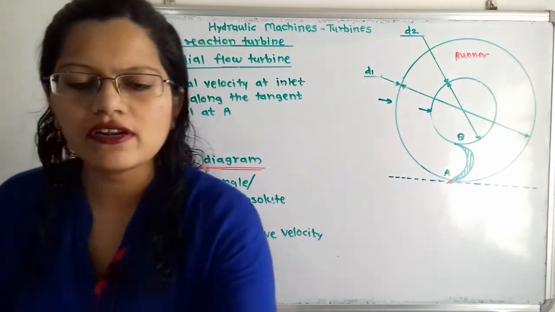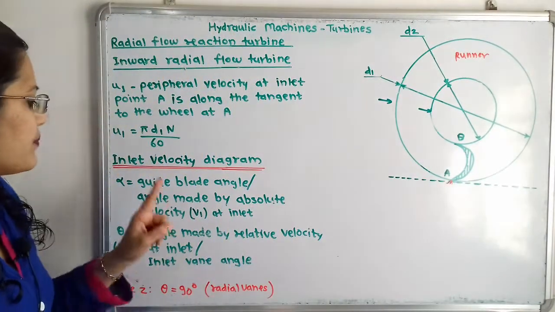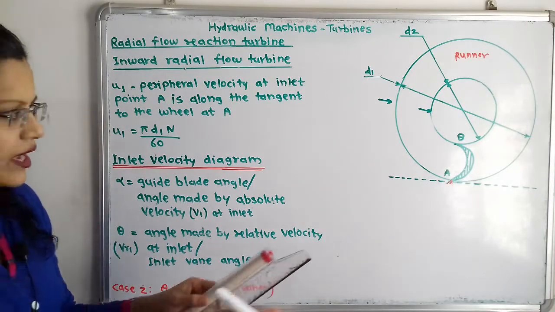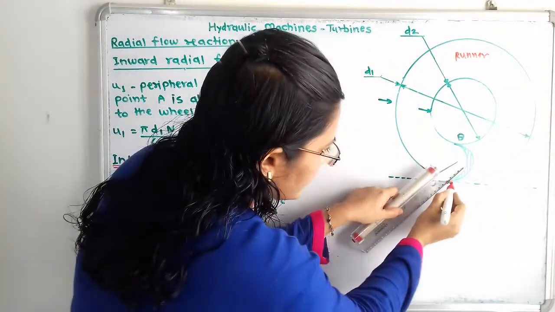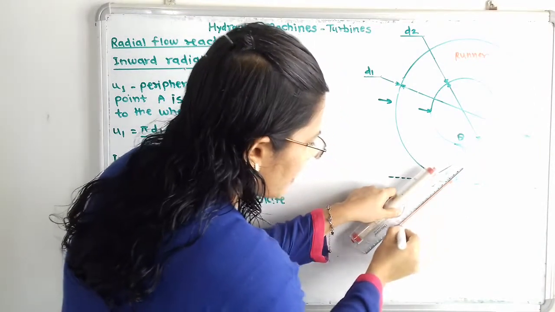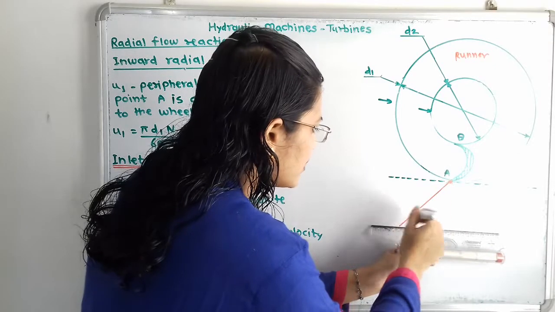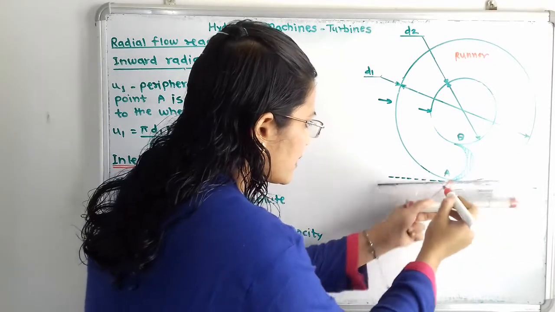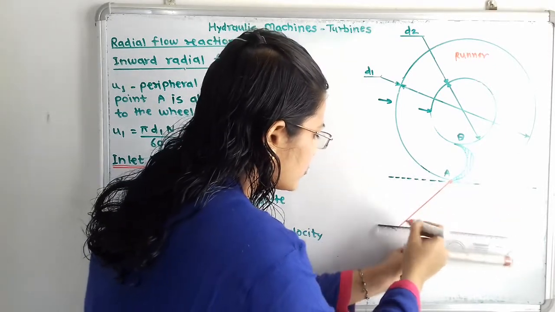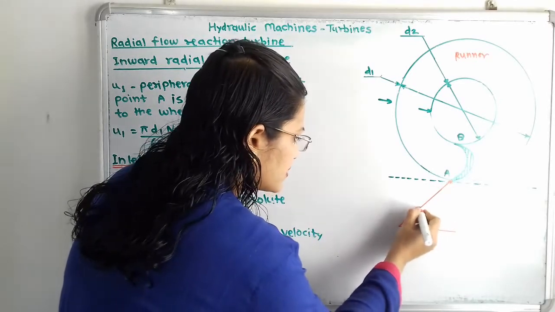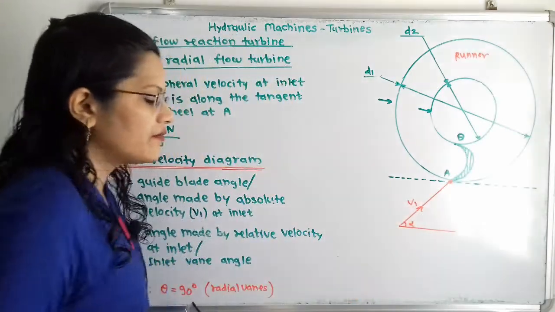So first I will draw here the absolute velocity V1 with an angle alpha. So I will draw here at the inlet tip A, here is the absolute velocity and angle alpha we have to show here, that is we have to take this line parallel to the tangent at this point, and here is the angle alpha and here is the absolute velocity V1.